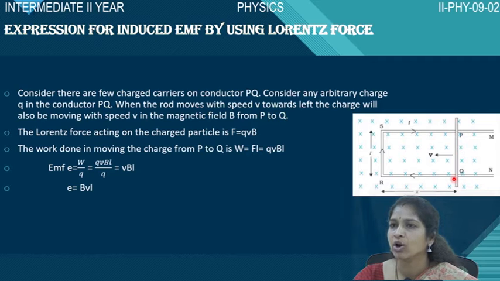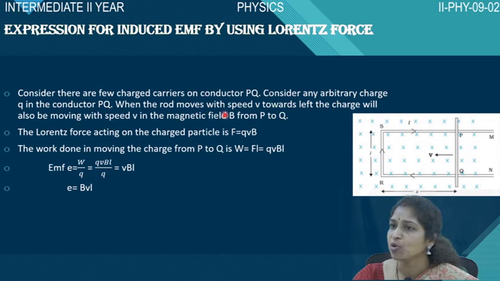Current is the rate of flow of charge. So I can say that the charged particles are moving from P to Q. So when the conductor PQ is moving in the magnetic field with this velocity V, the charged carriers are moving in this conductor from P to Q.